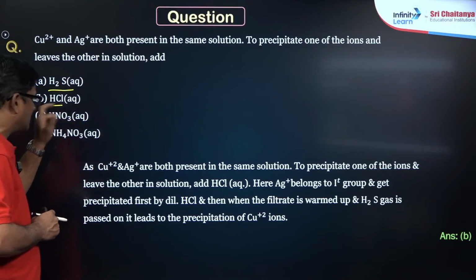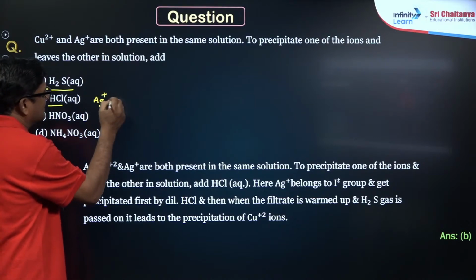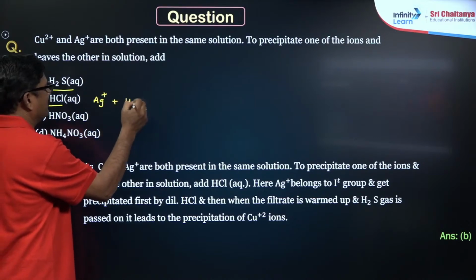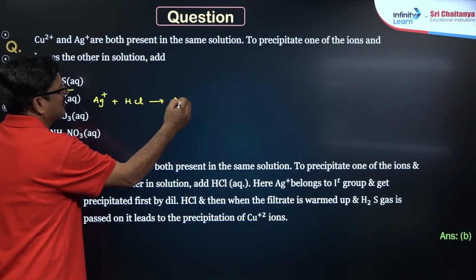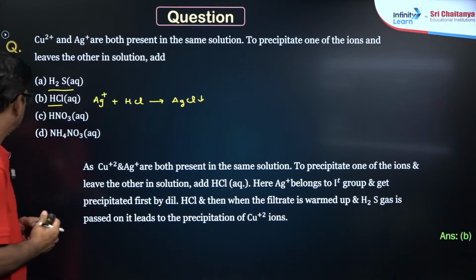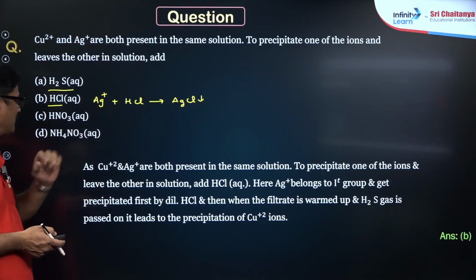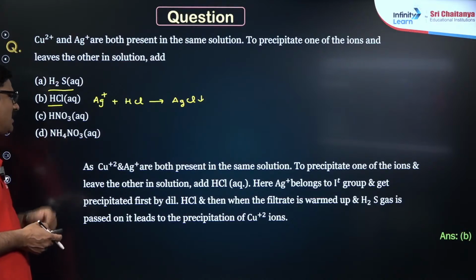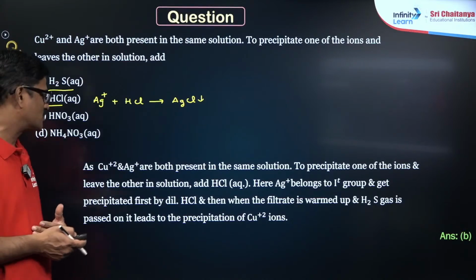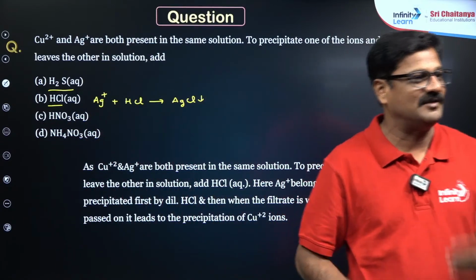Here only silver is going to be precipitated with HCl, giving silver chloride precipitate. Copper chloride is soluble in water, whereas with HNO3, copper nitrate and silver nitrate both do not form precipitate. Ammonium nitrate अभी जैसे ऐसा होता है. So the precipitation can happen only with the HCl, beta.